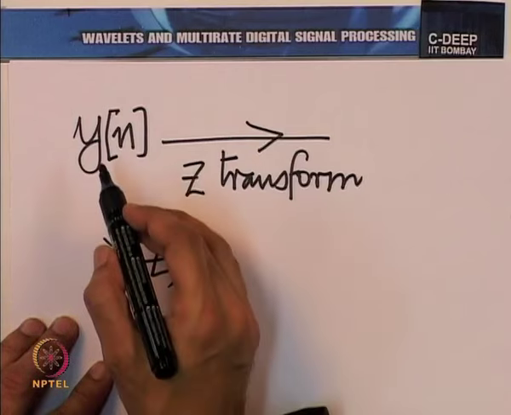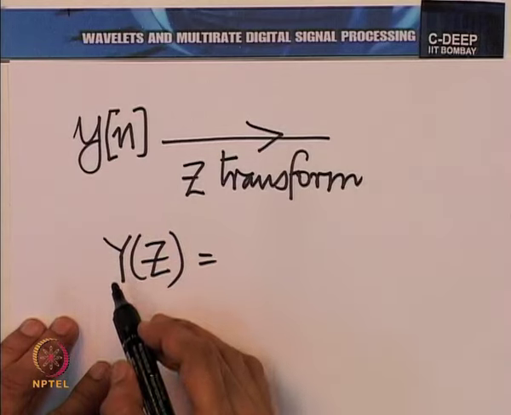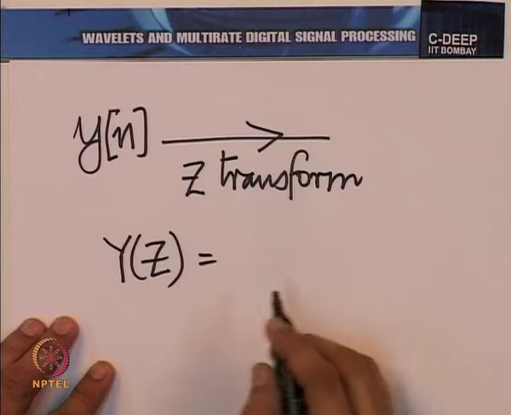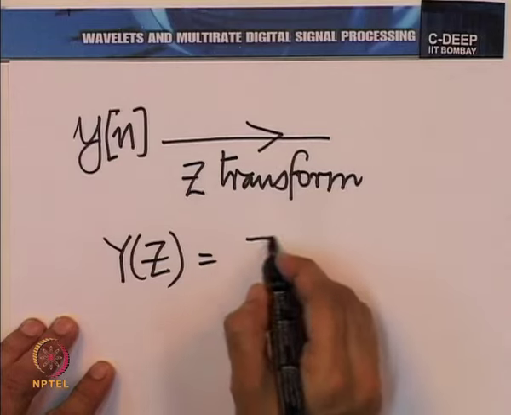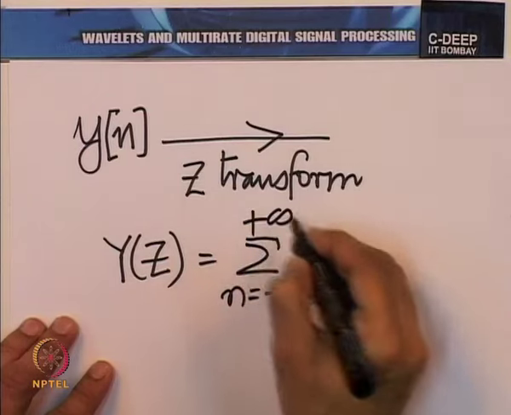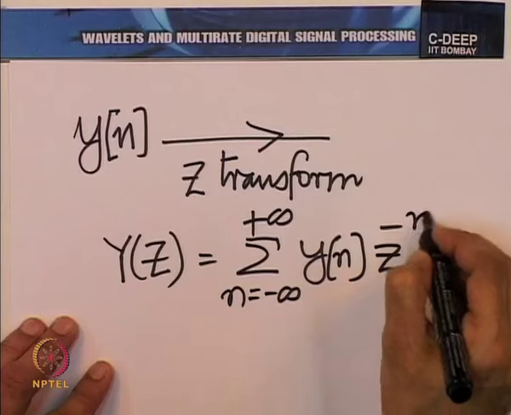Normally, we use the small letter to denote the sequence in time and the corresponding capital letter to denote the sequence in the z domain, or also in the frequency domain. Y of z is the summation, n going from minus to plus infinity, y of n z raised to the power minus n.